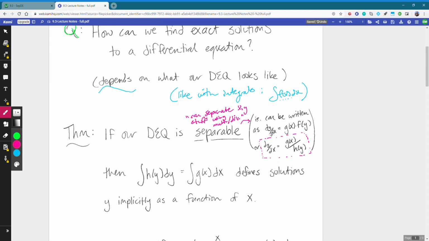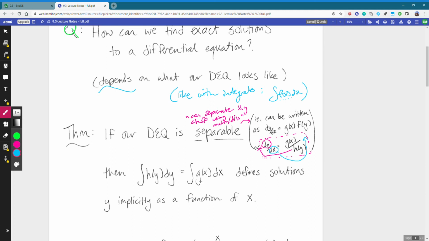The idea here is to then treat this dy dx as a fraction of differentials. So let's treat the dy on its own and keep it glued up there where it is, and let's multiply both sides by h of y to bring that to the dy side. And then take the dx, multiply both sides by it to bring it to the right side.